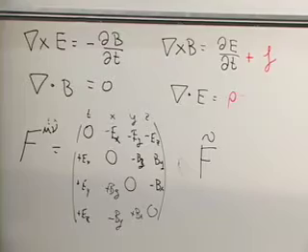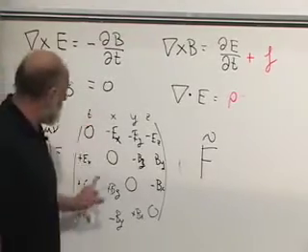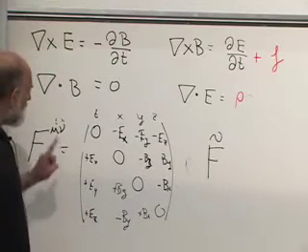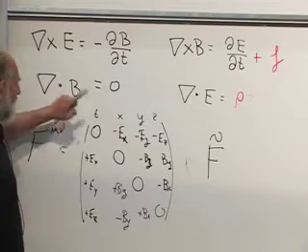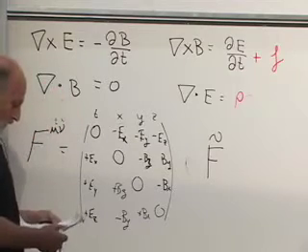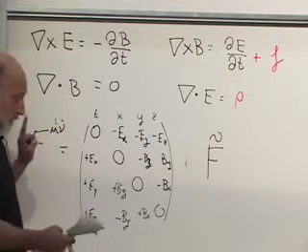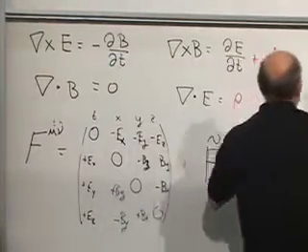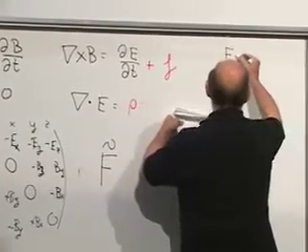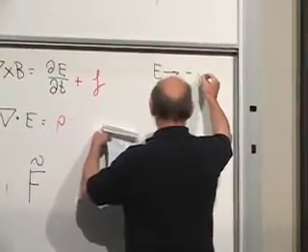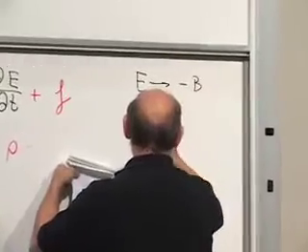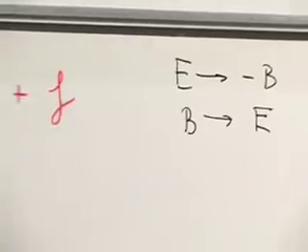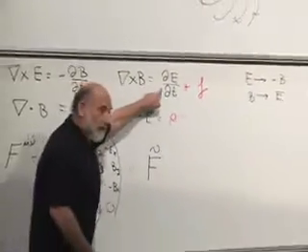It's the same object with electric and magnetic fields interchanged, but not quite. You replace electric by minus magnetic and magnetic by electric. That's in order to account for the sign difference here.